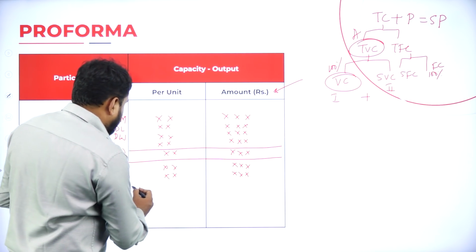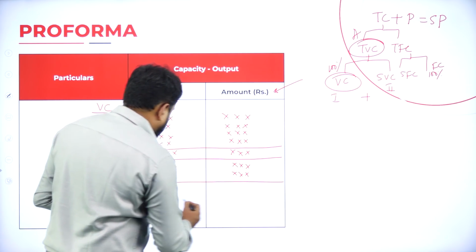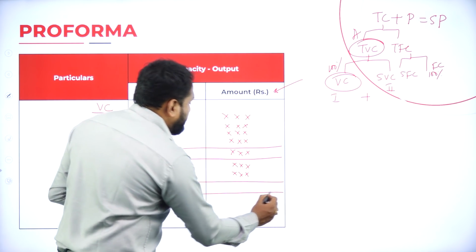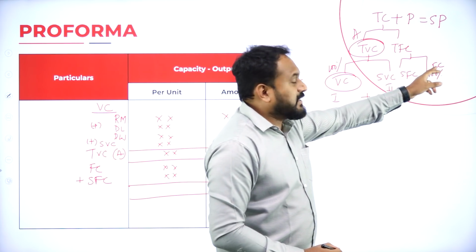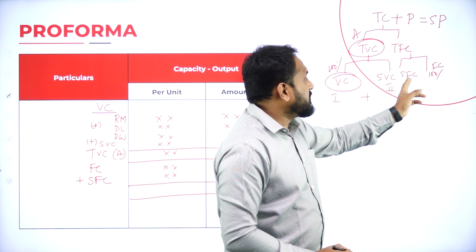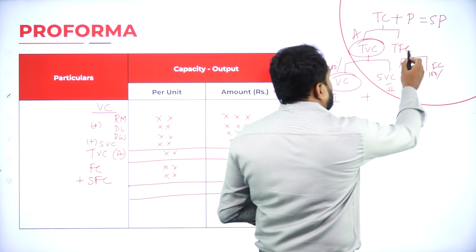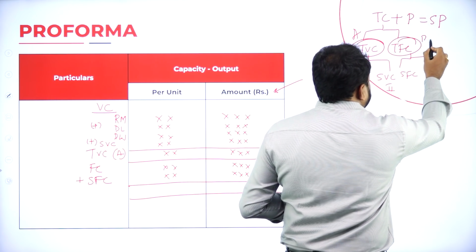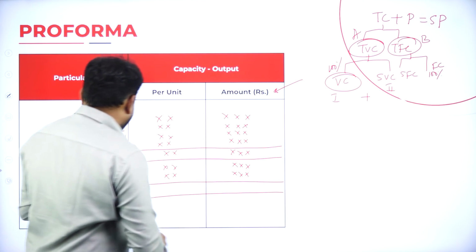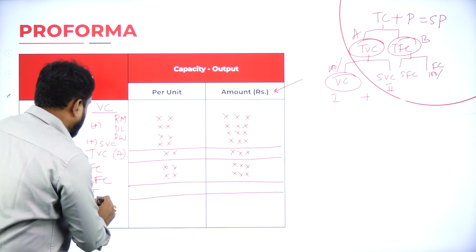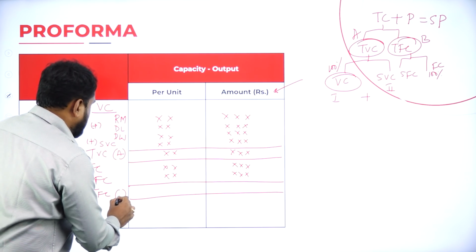Now we have fixed cost 100% and semi-fixed cost. If we add, we get total fixed cost. Denote that as B.